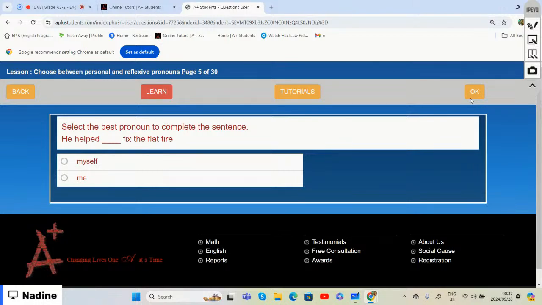Guys, before I continue, does everybody know the difference between a reflexive pronoun as well as the personal pronoun? Or at least the reflexive pronoun? Does everybody understand reflexive pronouns before we continue?